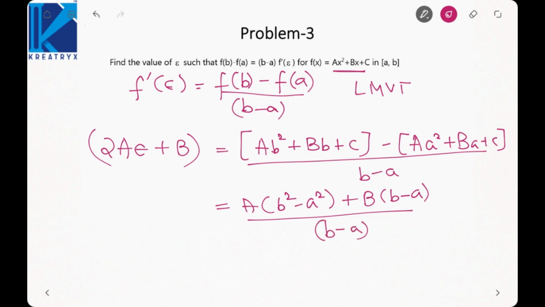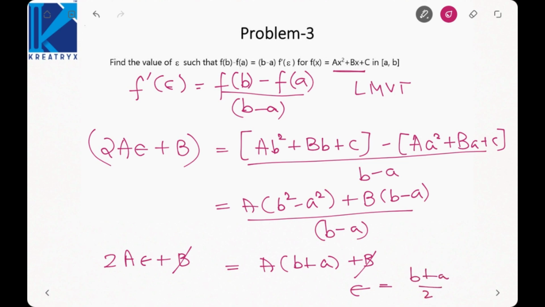Now if you resolve the first term b square minus a square as b plus a into b minus a, this will be reduced to a into b plus a plus b, which is actually equal to 2a epsilon plus b. This b gets cancelled out. So epsilon will come out to be b plus a by 2. That is the midpoint of the interval. That means Lagrange's mean value theorem will apply to the point that is lying at the midpoint.